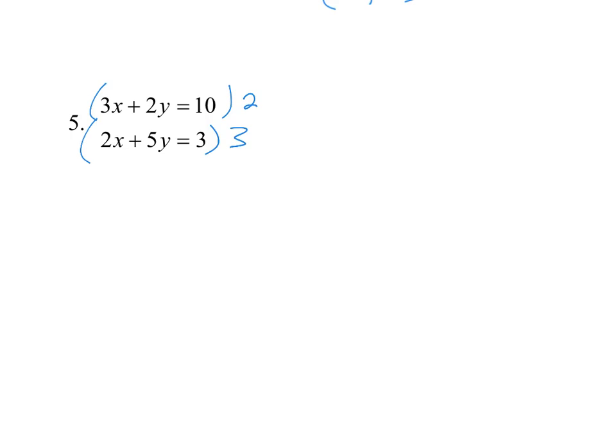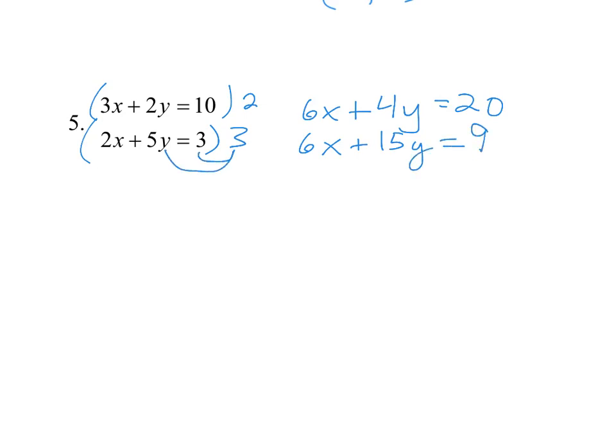All right, so when I do that, I get 6x plus 4y equals 20, and I get 6x plus 15y equals 9. Remember, we're distributing this number to all 3 values.